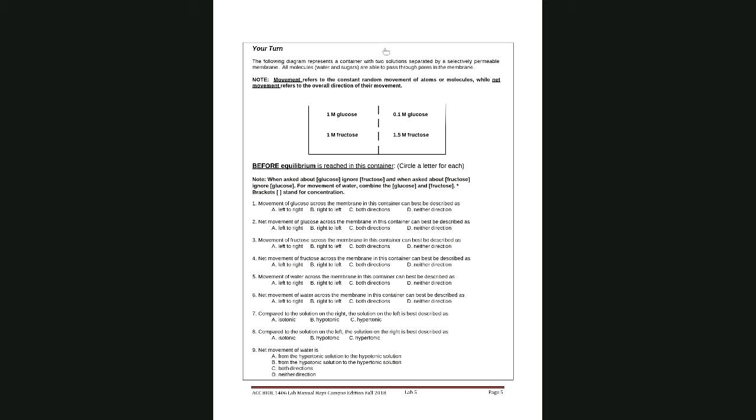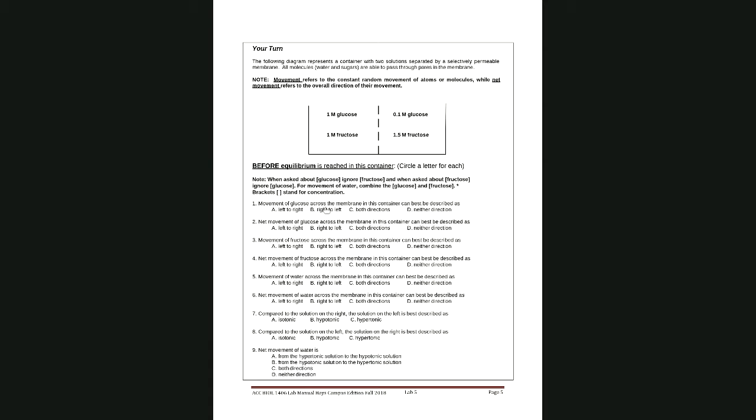You have to read the information up here to know how to answer, but if it's asking you only about glucose, ignore the fructose. If it's asking only about fructose, you can ignore the glucose. If it's asking about the movement of water, simplify it and just add up the molarities. Just do simple math to simplify it for yourself, because I'm more interested in the process. It'll tell you about the membrane and whether or not it's permeable.